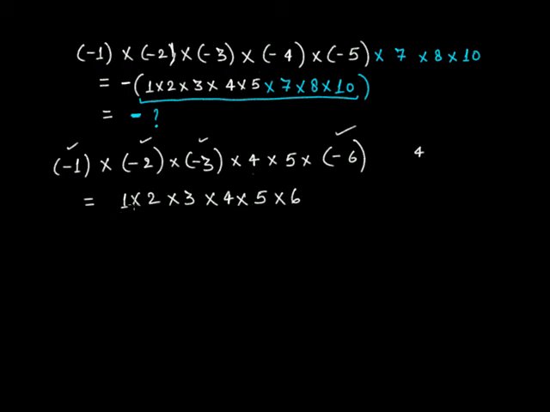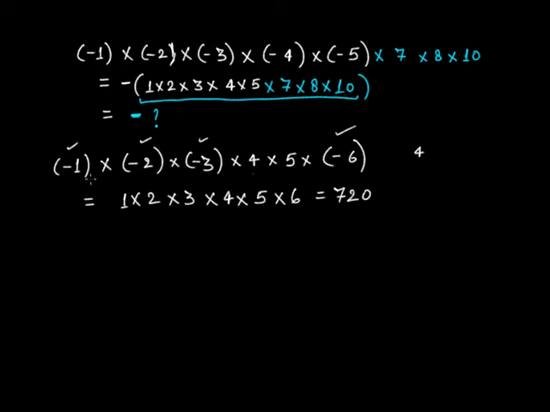So 2 times 1 is 2, times 3 is 6, times 4 is 24, 24 times 5 is 120, and 120 times 6 is 720. So you can see here that it doesn't matter where these positive integers are placed within a given multiplication.